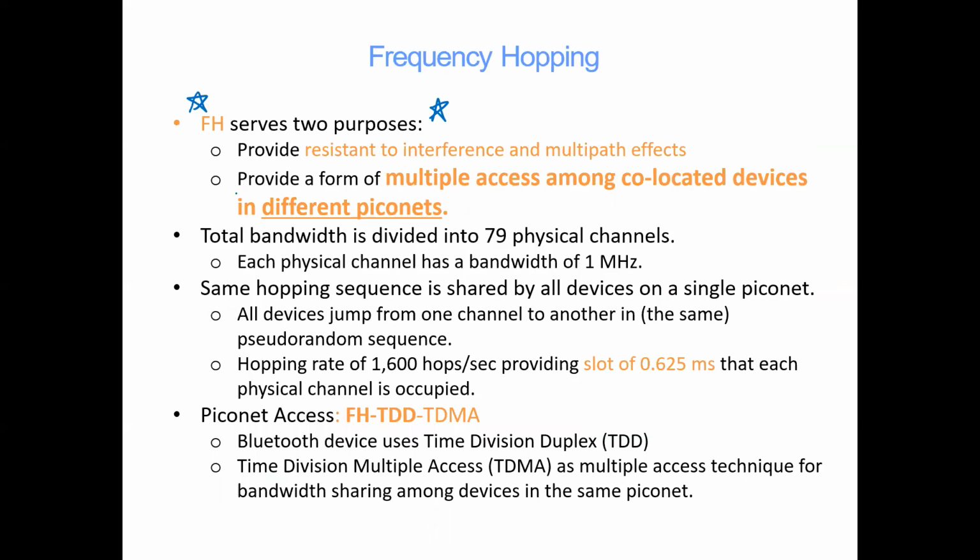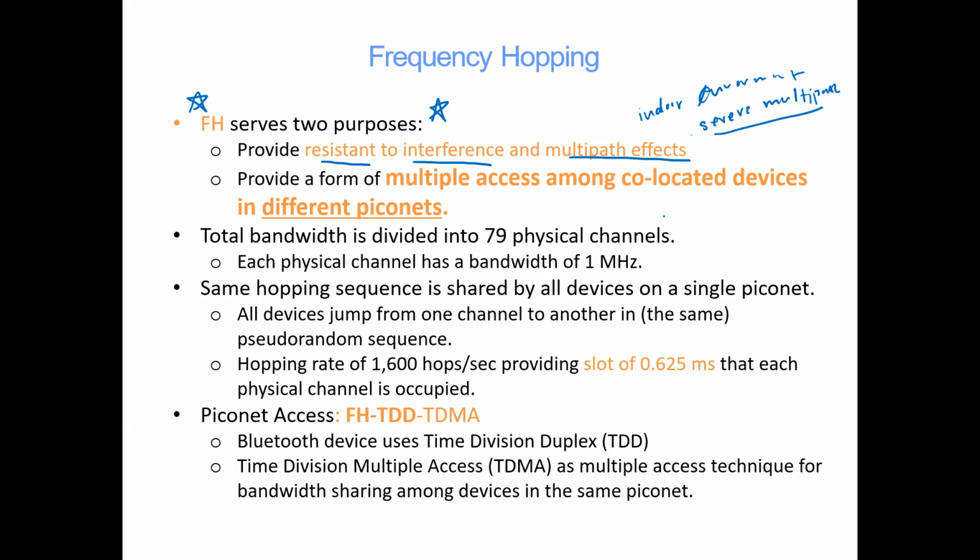One, of course the original objective, is to provide resistance to interference and multipath effect, because Bluetooth works well in indoor environments, or you can say severe multipath situations. Because it's short range, it works very near.